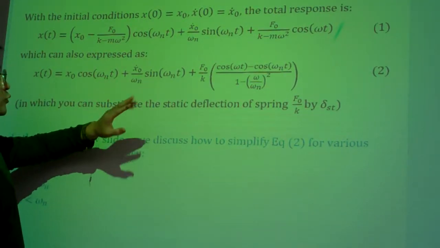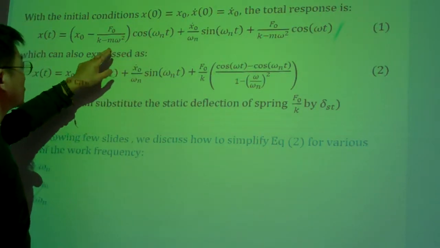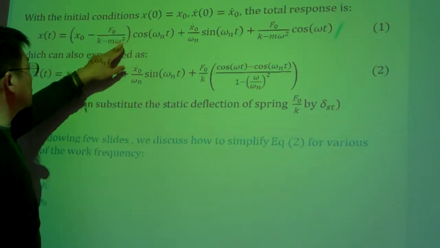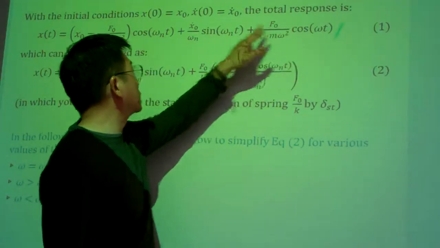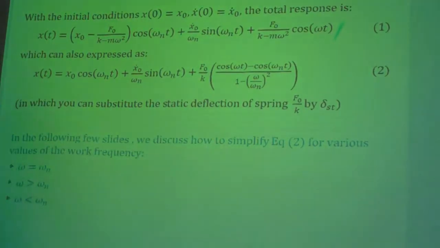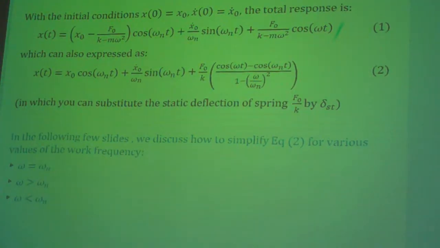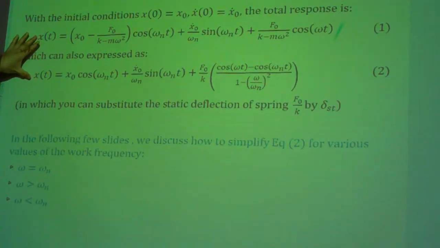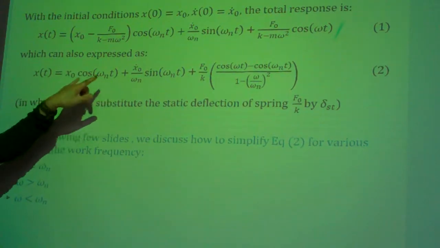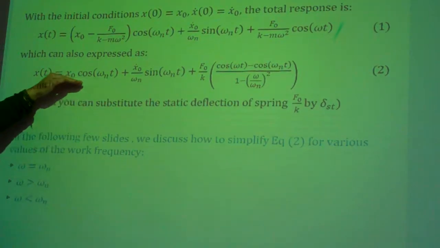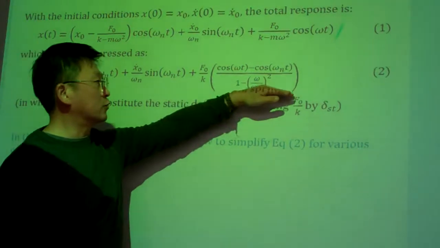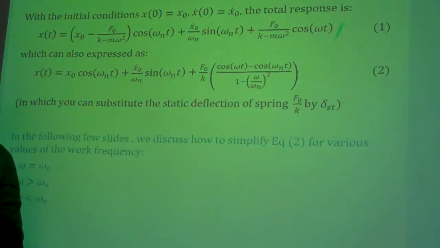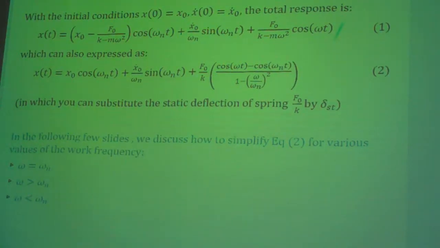Then combining the remaining terms, that means the terms with this as the coefficient, we combine the two terms together into this. Okay, so that's a reorganization, and that's for other purposes, not leading to our discussion today. So basically the two forms are identical, okay, and we rearrange. So basically the first two terms are our transient response, the last term is our steady state response, okay.